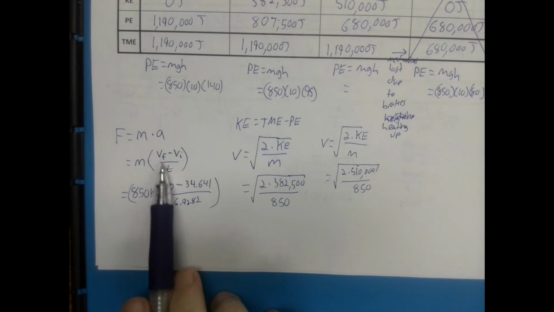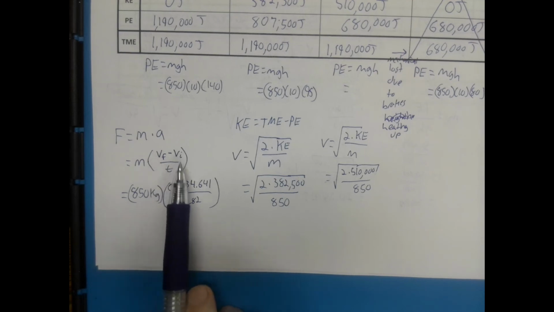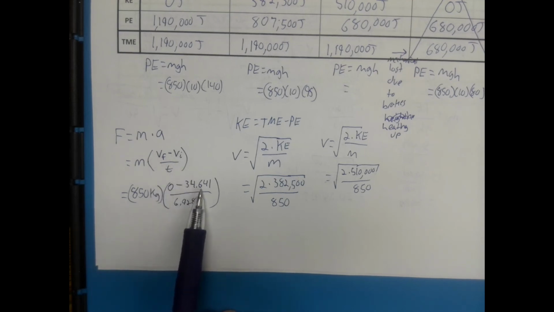So our initial velocity was 0 at point D. Our final velocity is 0 at point D. Our initial velocity at C was 34.641. And it took 6.9282 seconds.